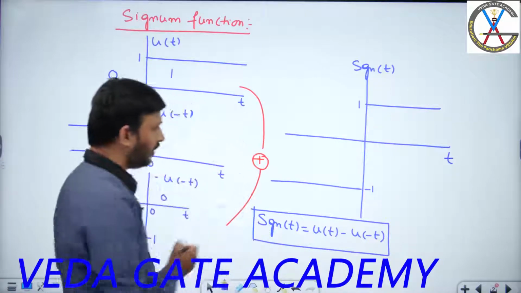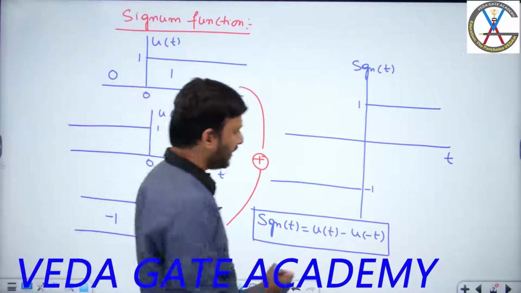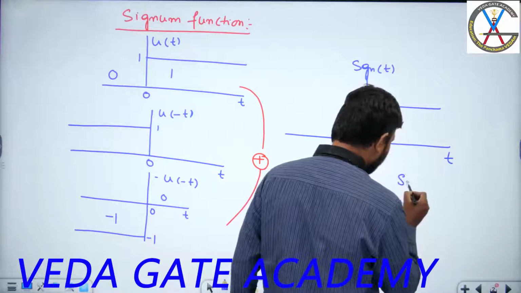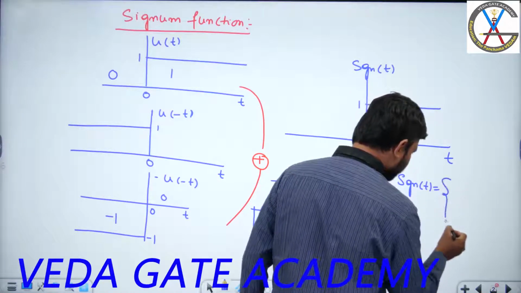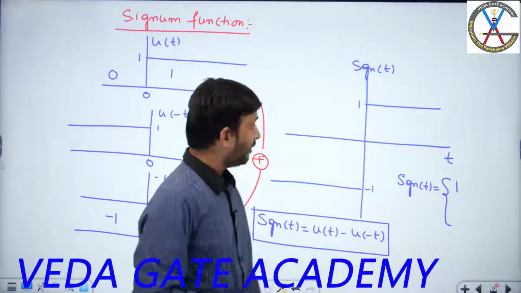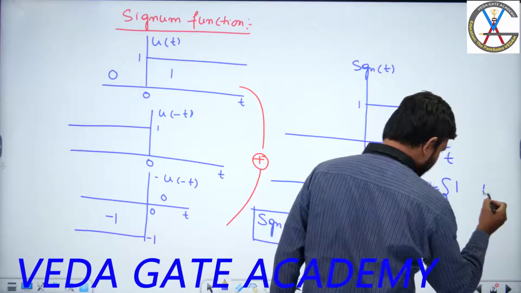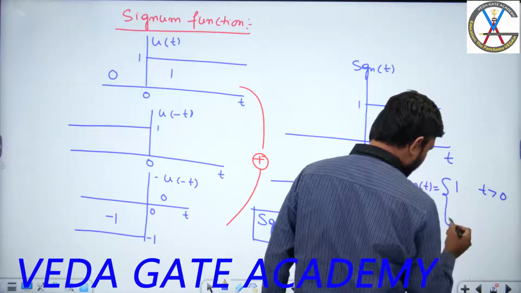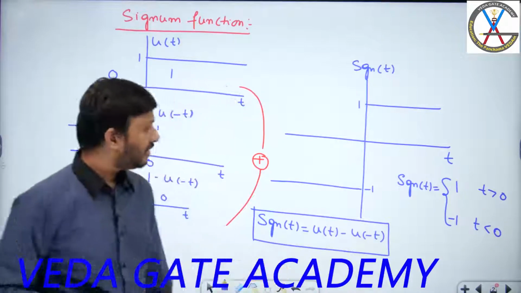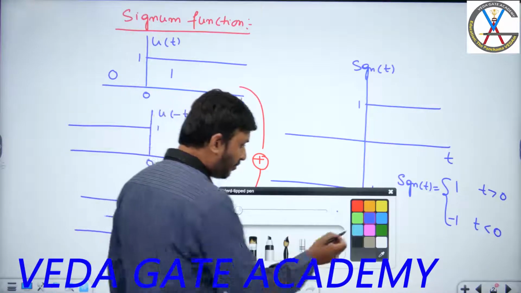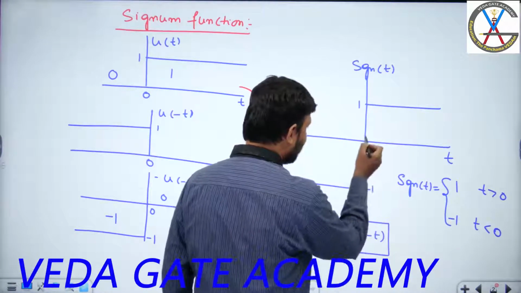Now how are you going to define this Signum function? I can define the Signum function like this. Signum of t is nothing but 1 for t greater than 0, minus 1 for t less than 0. Then what about 0? At 0, we have a sudden rise in the signal.